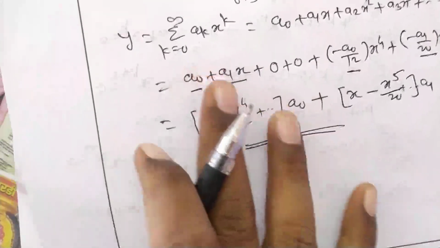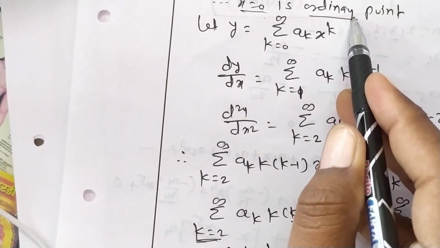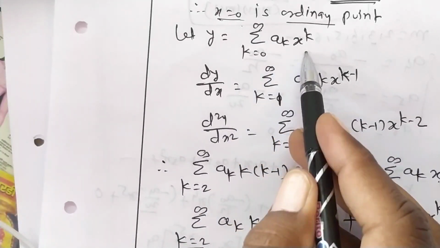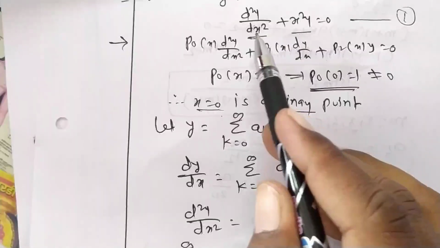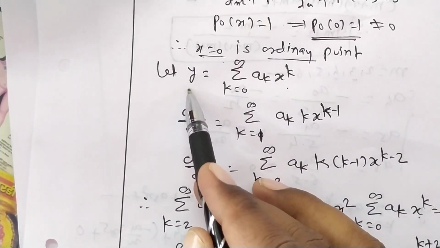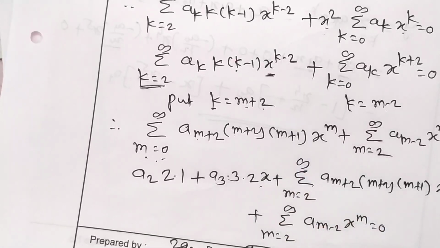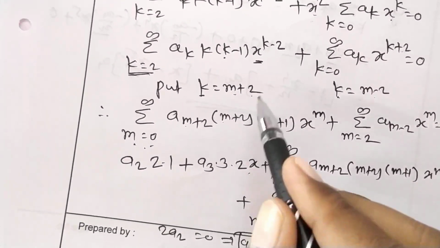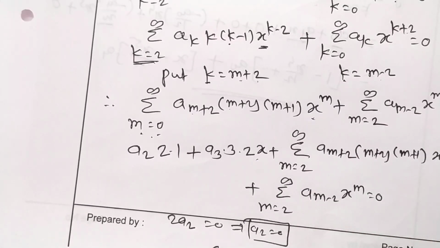So what is our first step? How do we solve such type of problems? First we have to check the ordinary point. If x equal to 0 is an ordinary point, then assume y equal to summation of ak x raised to k is the solution of the given linear differential equation. And the terms in the differential equation, y, dy by dx, d square y by dx square, find these from y and put them in the given differential equation, and after that try to find the recurrence relation, and for the recurrence relation make the coefficient of x to the power m equate with 0.